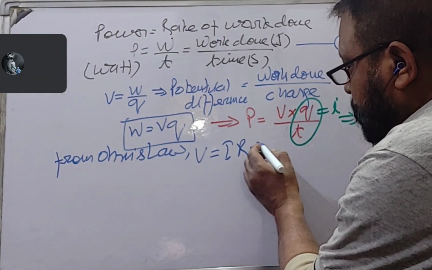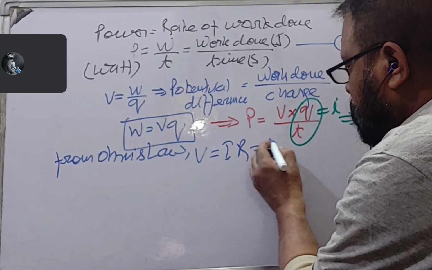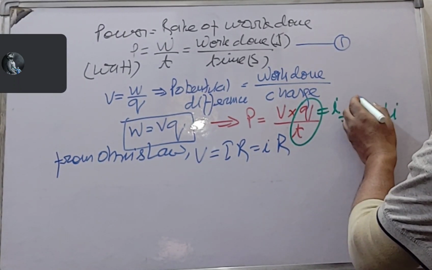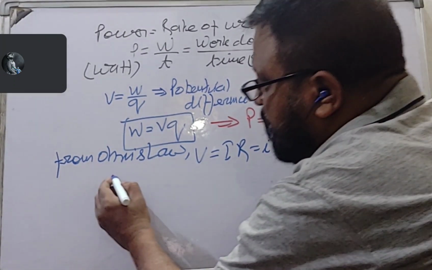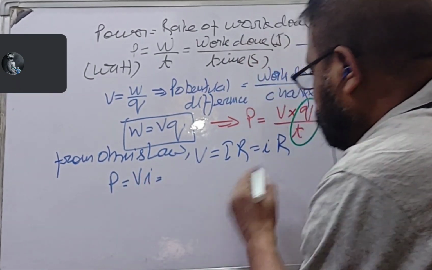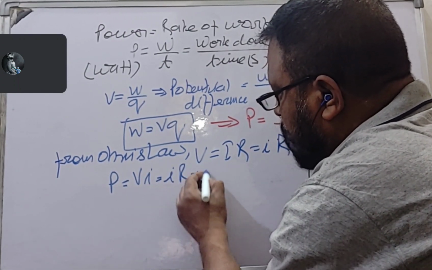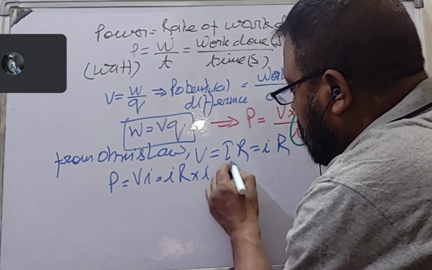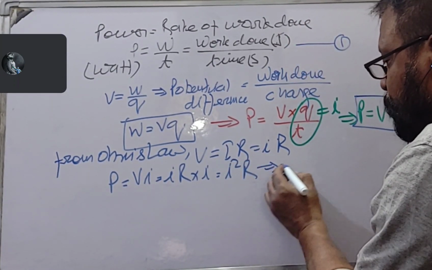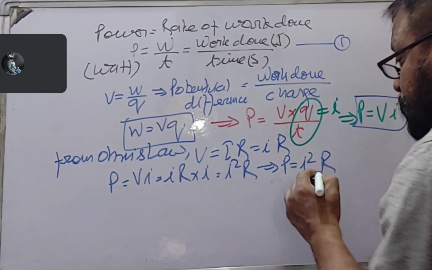When we put in this value, P is equal to VI is equal to IR into I, it becomes I square R, right? So one more formula we get, P is equal to I square R.